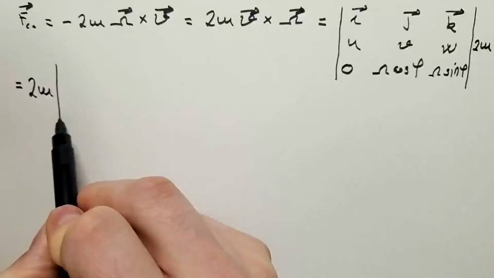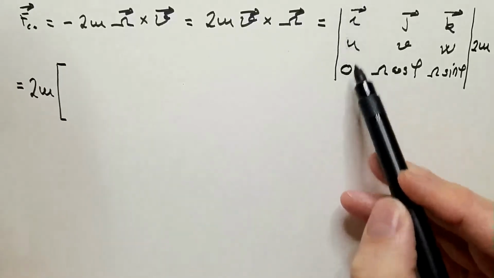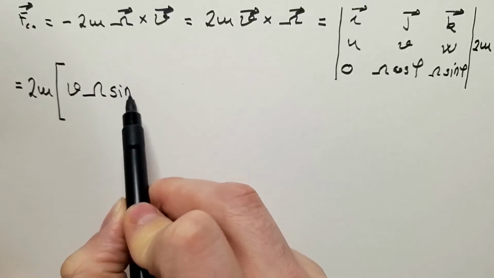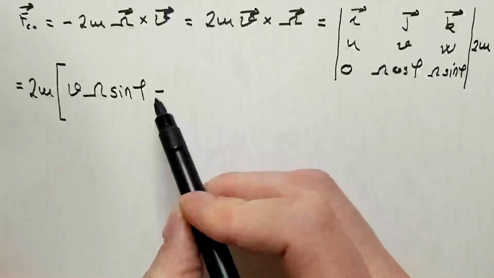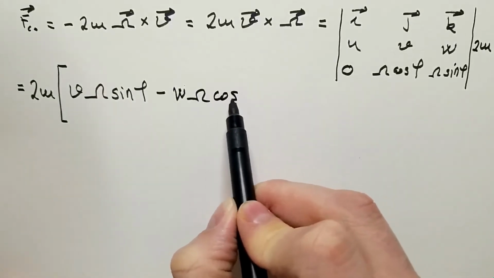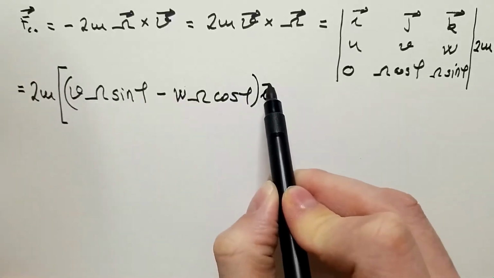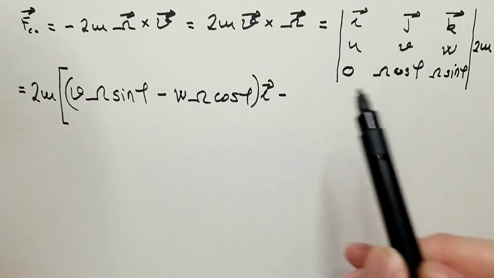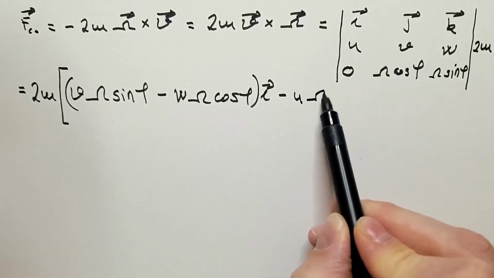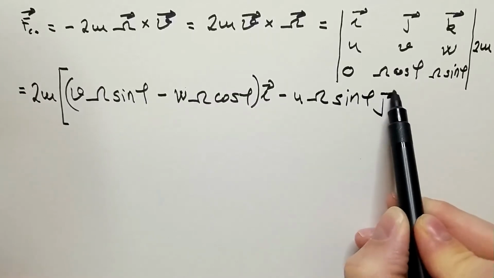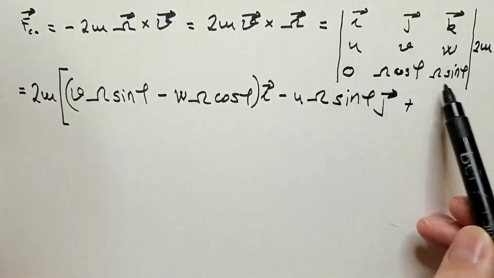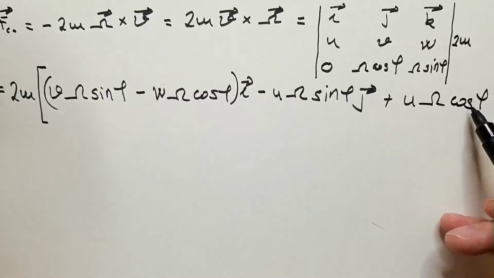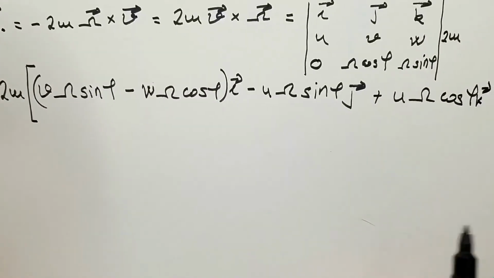It is equal to m that multiplies, well, first I cross this column and this row, so I will get v omega sine phi minus w omega cosine phi times the i component, minus, in the j direction, I will only have u omega sine phi times j, and in the k direction I will only have u omega cosine phi, k unit vector here.